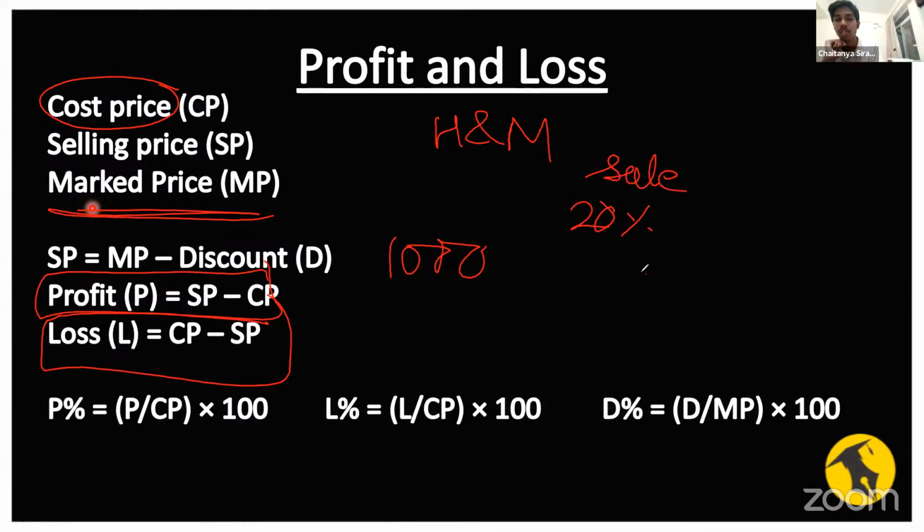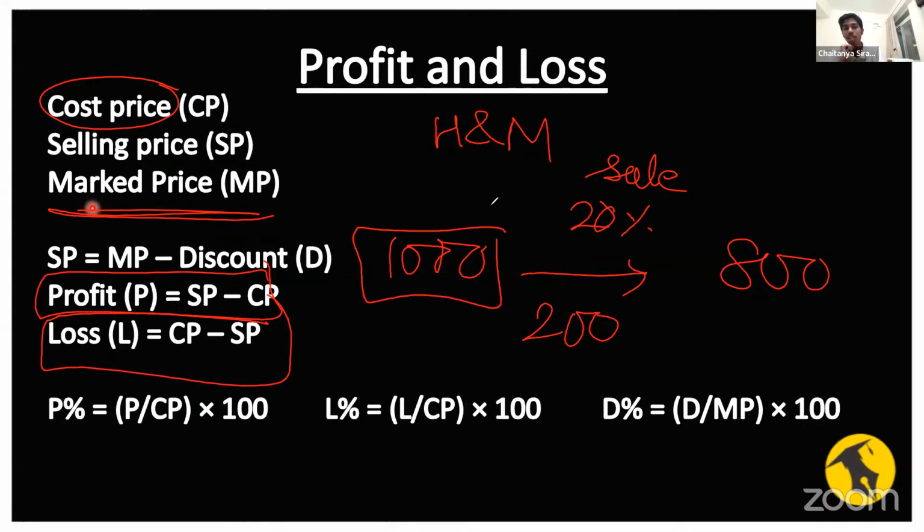So you get a 20% reduction, 20% of this is 200, so you will get it at 800. So in this case, your 1,000 is your marked price. Marked, you can remember by the tag, the amount written on the tag, and this is your selling price.